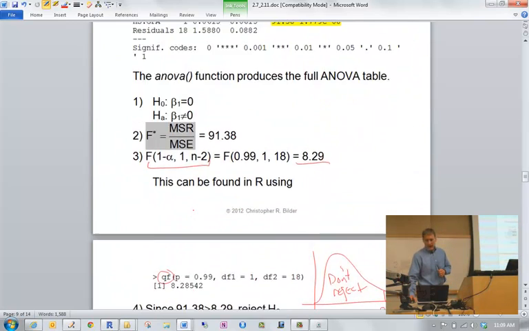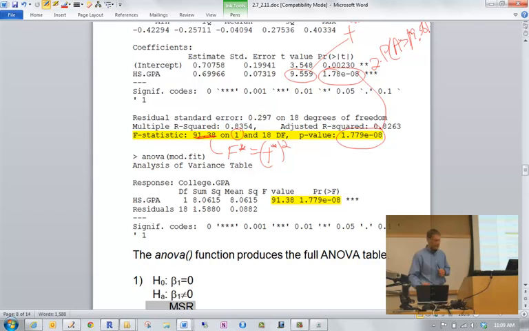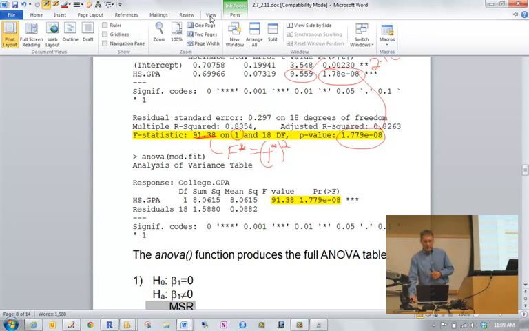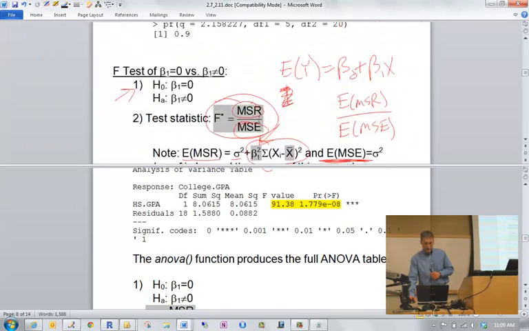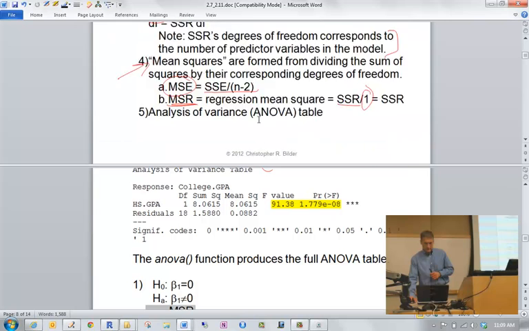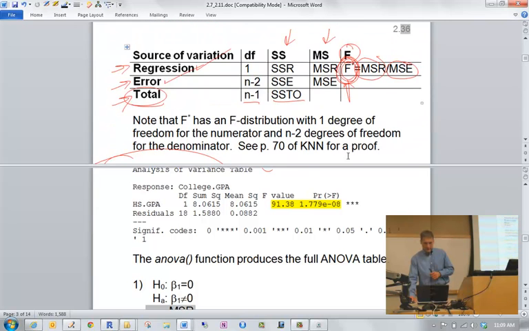Let's also go back here. If you remember from last time, we talked about an ANOVA table, analysis of variance table. And let me do a split screen with what we had presented last time. There we go.